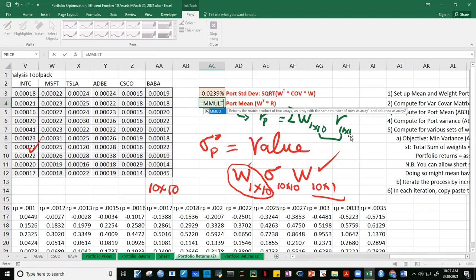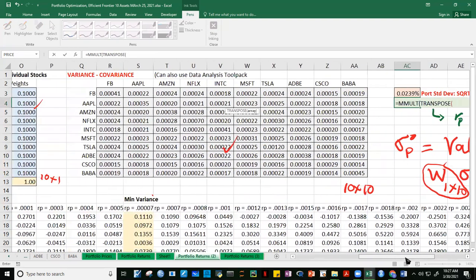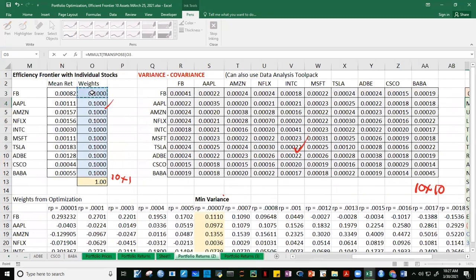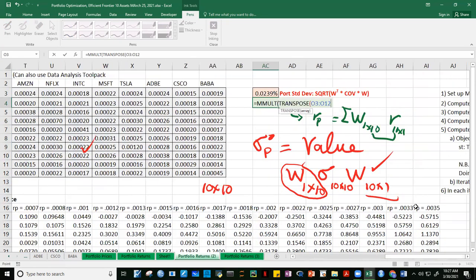M mult ng transpose ng, parang nung kanina, transpose ng weight and then comma the returns. Yeah. Control Shift Enter.